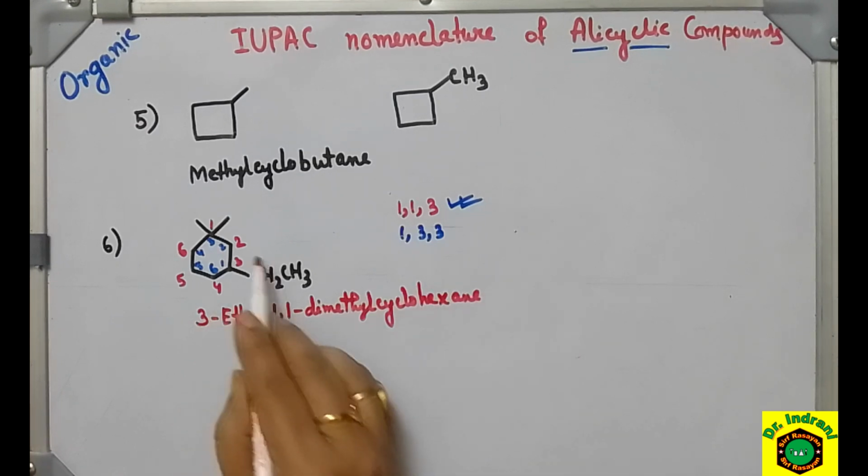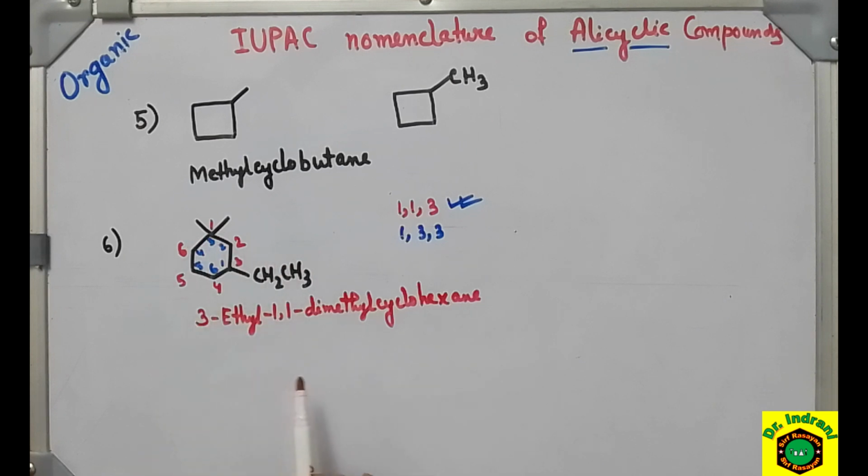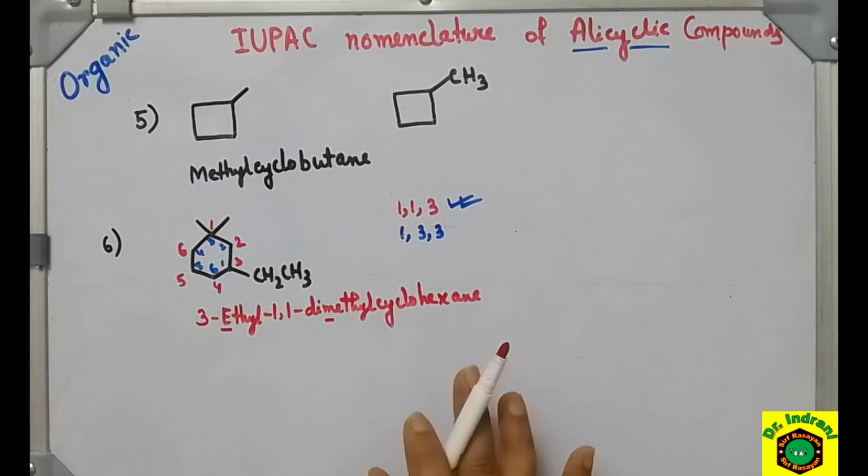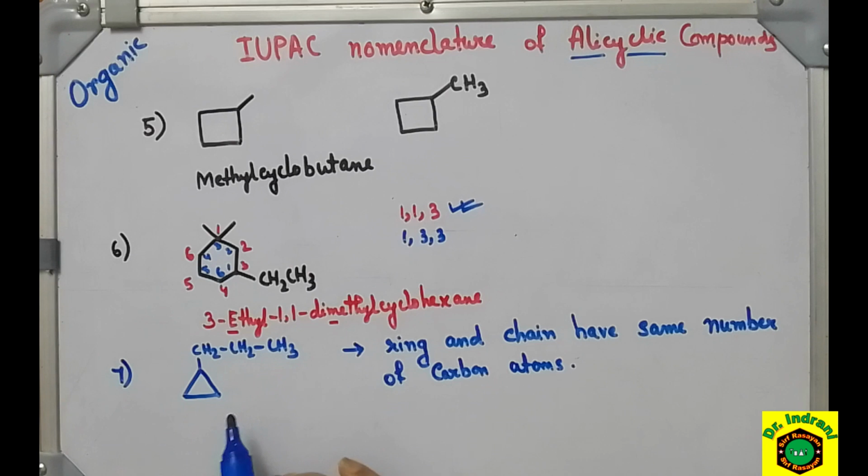Once again, 3-ethyl-1,1-dimethylcyclohexane. So here the comparison is between E and M. These are not complex substituents. Okay.